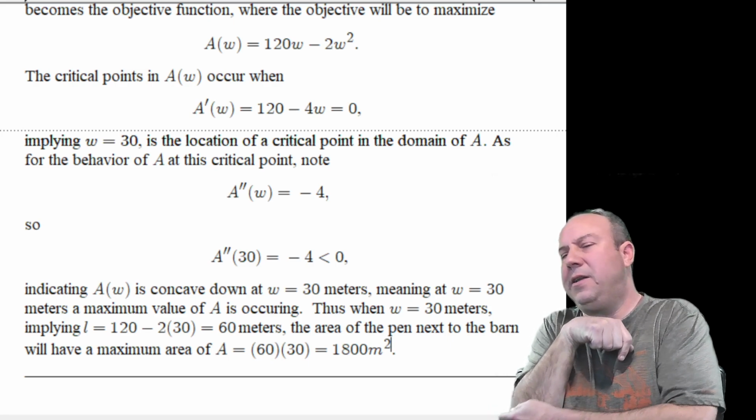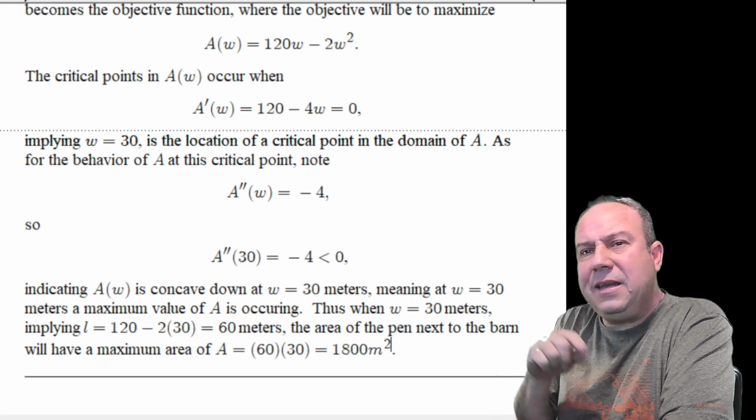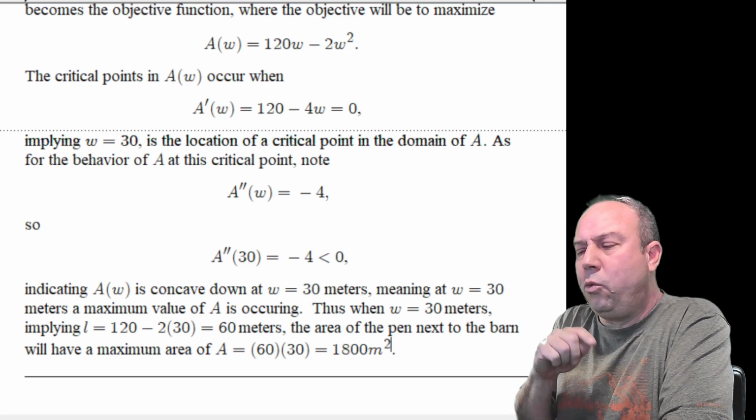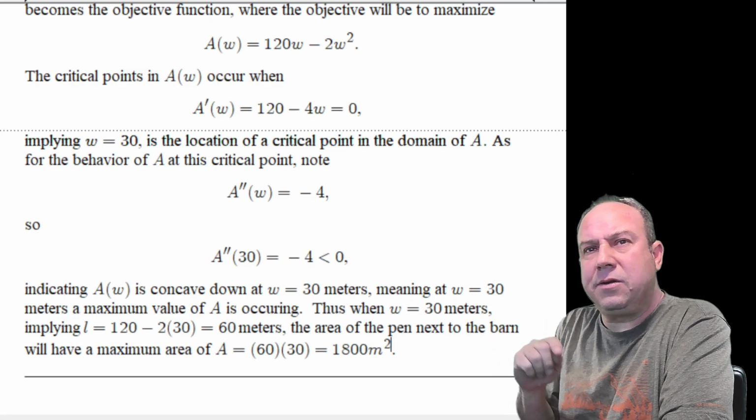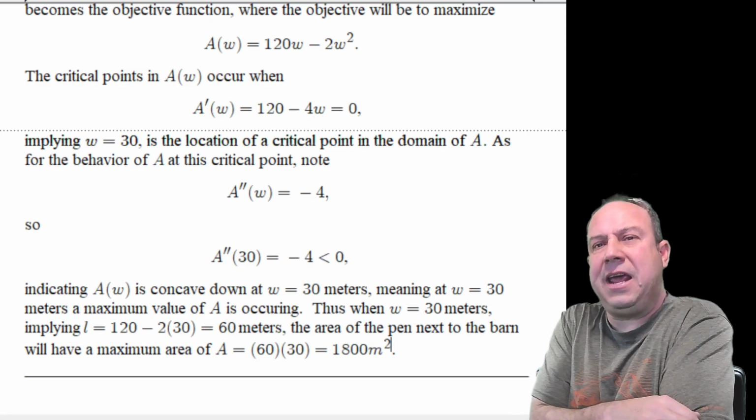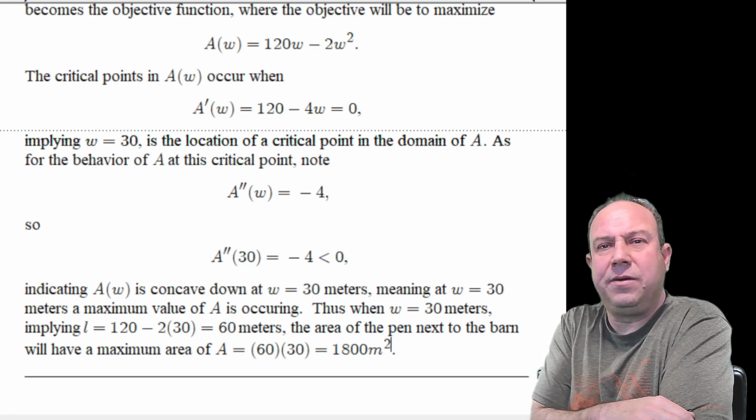If we tried any other dimension, with the 120 meters of fencing, our area would always be less than 1,800 meters squared.